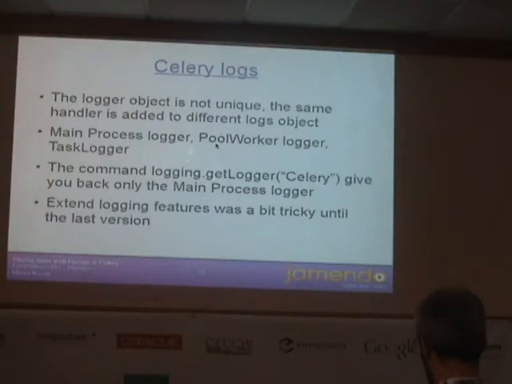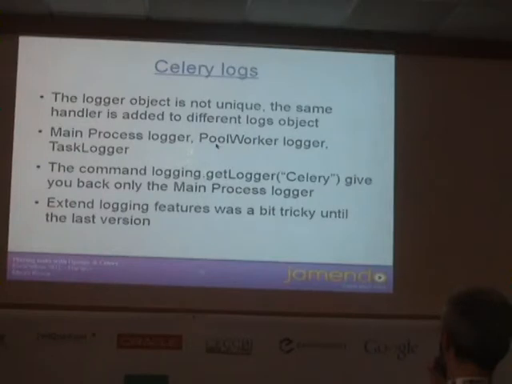But with Celery, the logger is a bit difficult because you have different loggers. The same handler for Celery is added to different loggers. When Celery logs to a file, it is the same file handler added to different objects. What does it mean? That if you get the main logger, the Celery one, you will get back only the main process logs and not all logs from all pool workers or from all tasks.